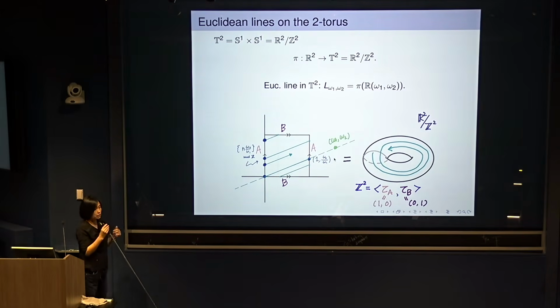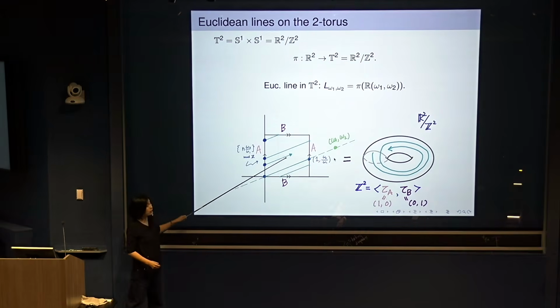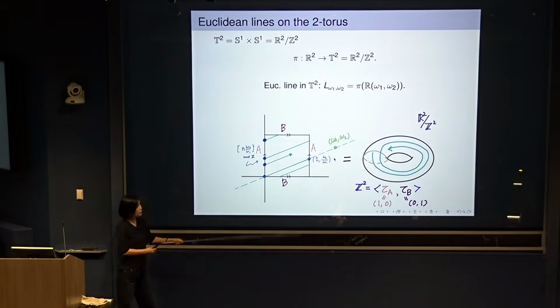Now you can think of her journey along this line in the following way. She travels along this line, and when she reaches the boundary of this fundamental domain, which will be exactly the point (1, slope), where the slope is omega 2 over omega 1, she's instantly moved back to the y-axis by the side pairing transformation.